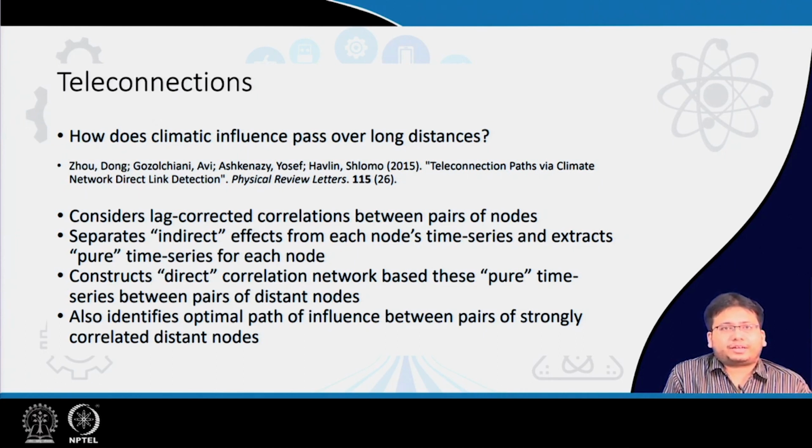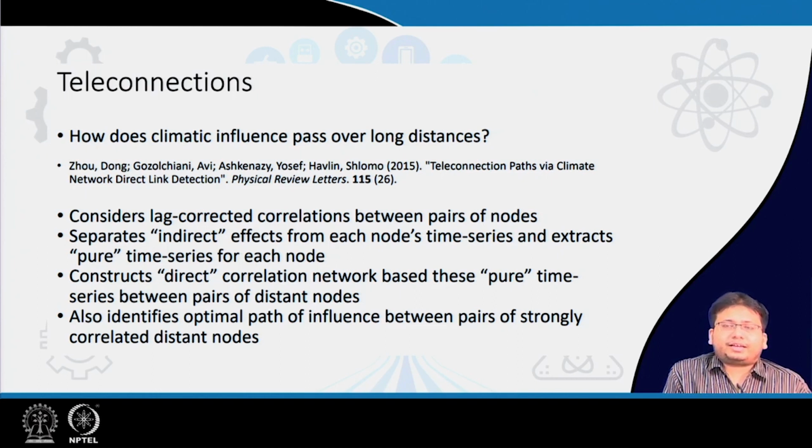Indirect effects are basically when a variable x at one location i influences a variable y at another location j through a sequence of intermediate steps at other variables at other locations.